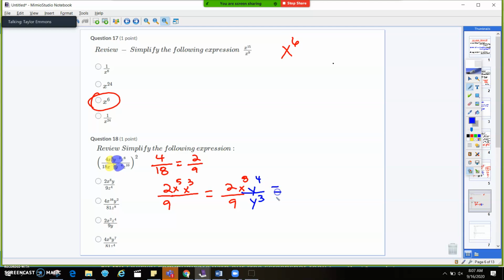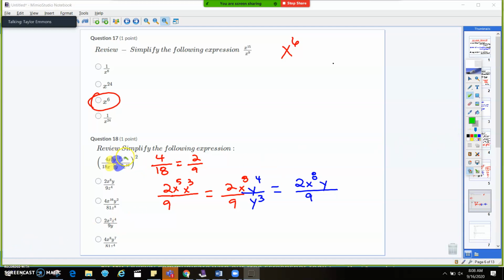But we know that now becomes a quotient rule, right? So we can subtract those exponents. So I can rewrite this whole thing as 2x to the 8th, y to the 1st, or just y, over 9. With me?